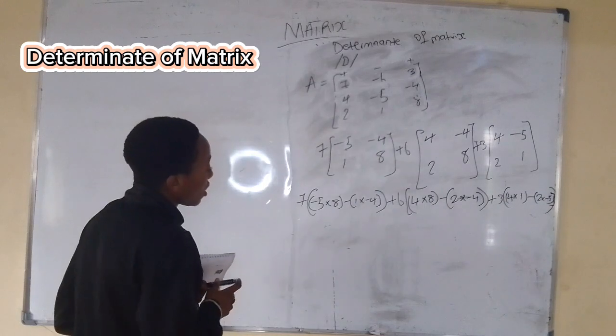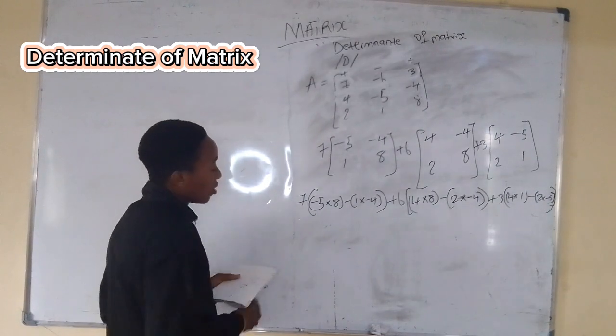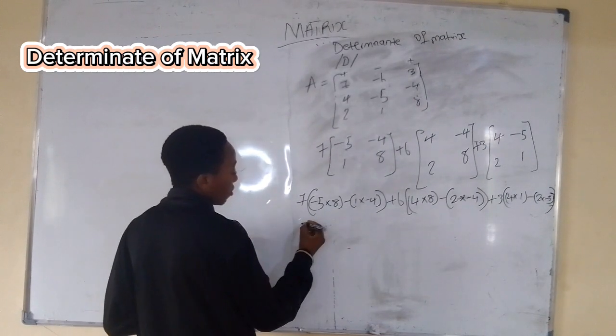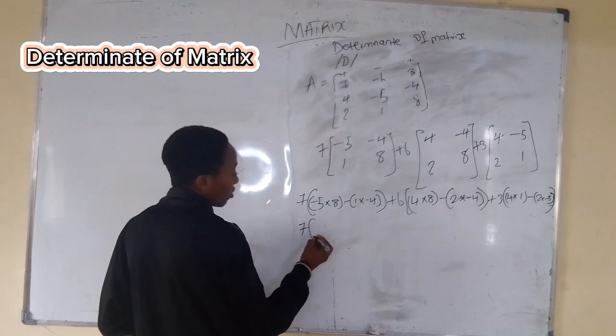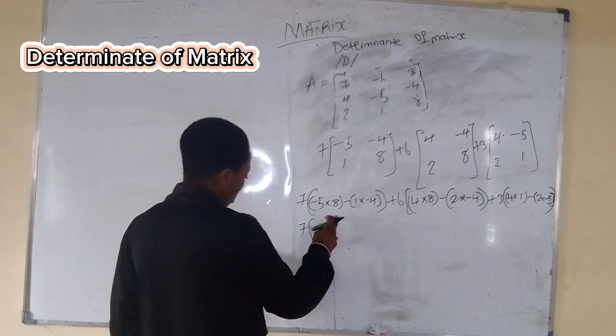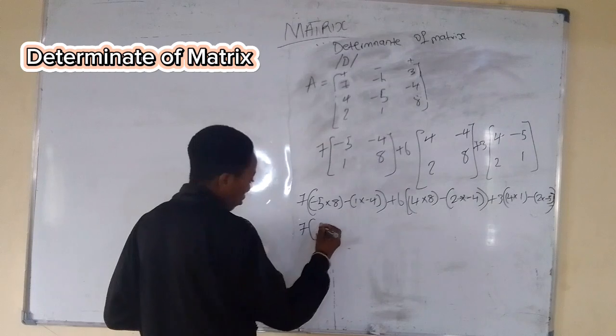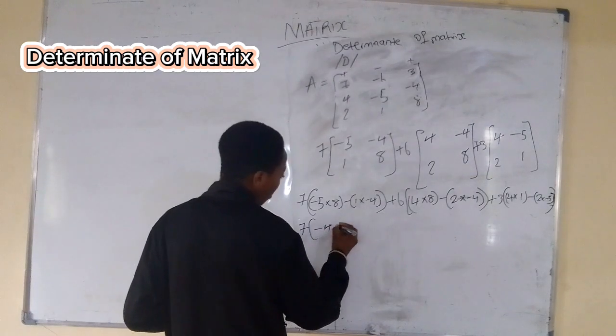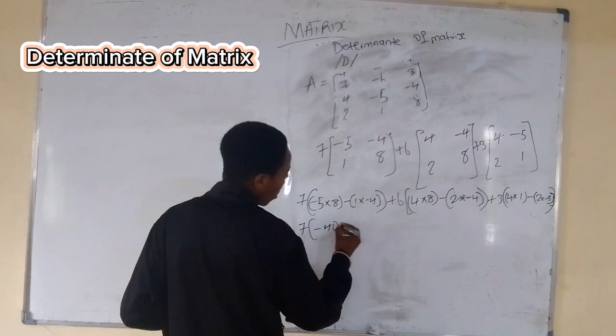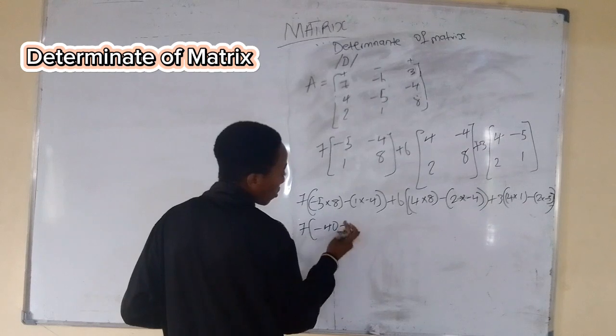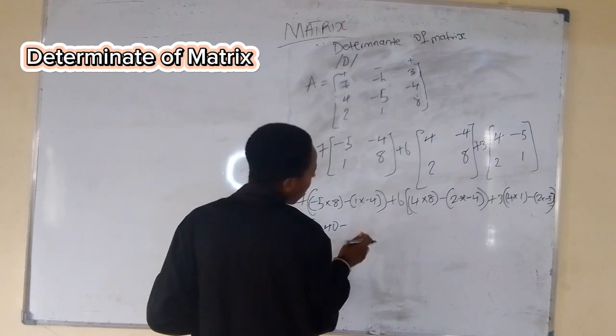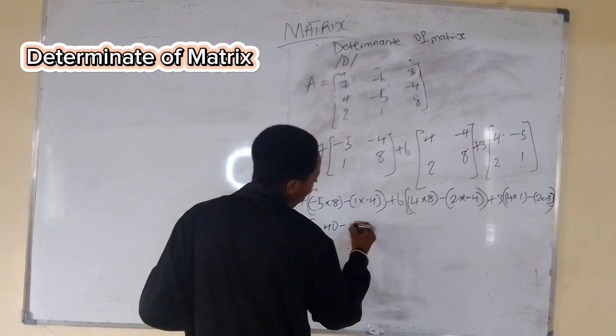So what you need to do next is to multiply each of them. Minus 5 times 8 will give us minus 40. Minus 1 times minus 4 is minus 4.